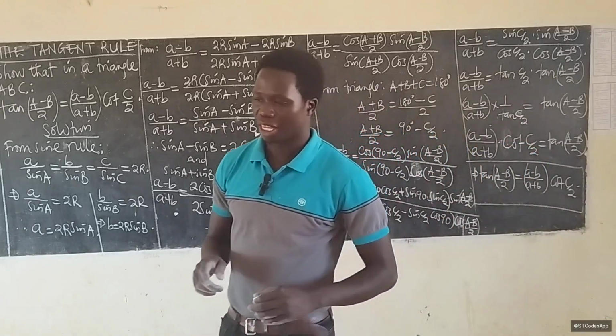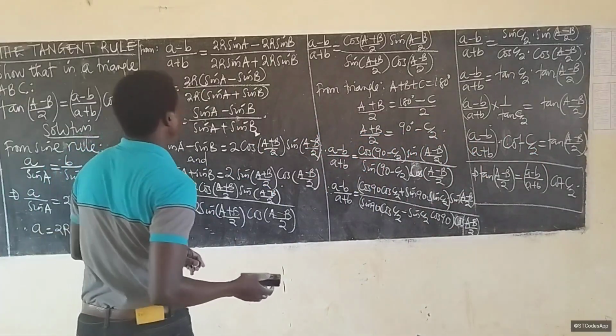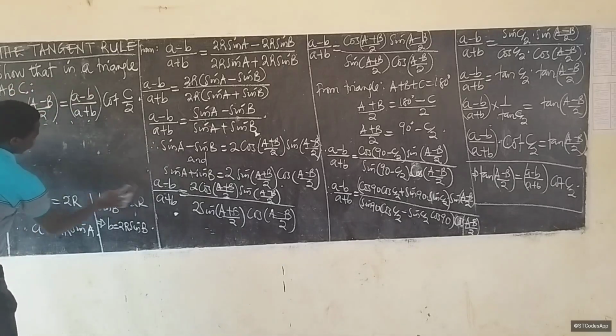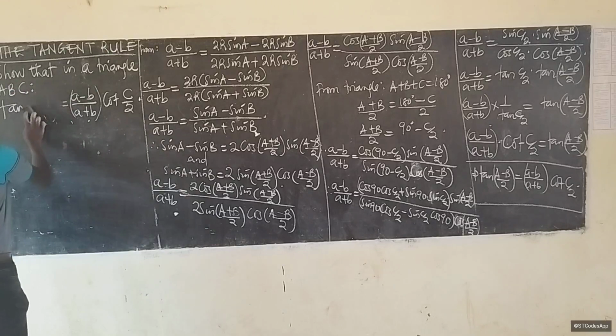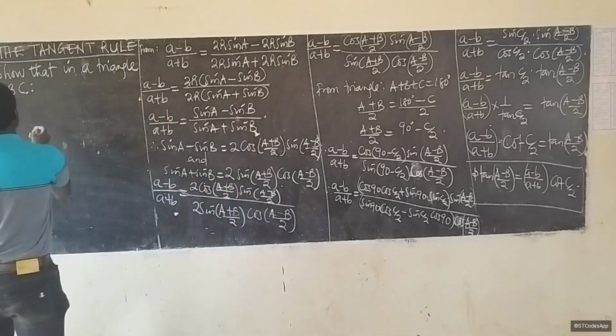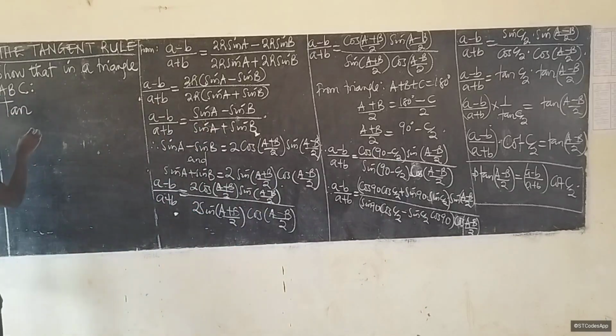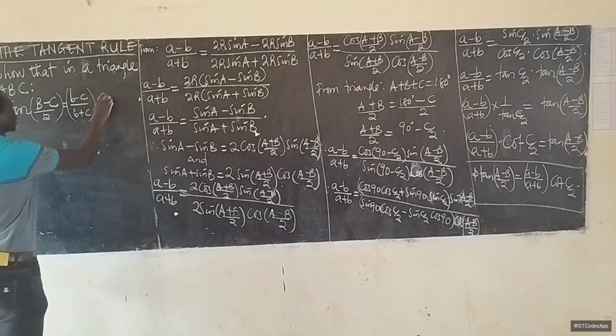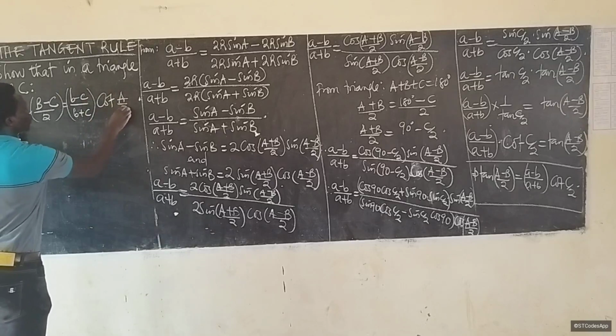So in a similar way, you must be able to show that in any triangle, tan of (B minus C) out of 2 becomes (B minus C) out of (B plus C), and then cot of A out of 2.